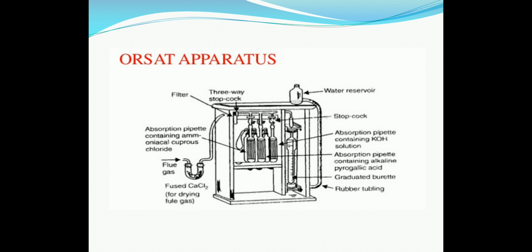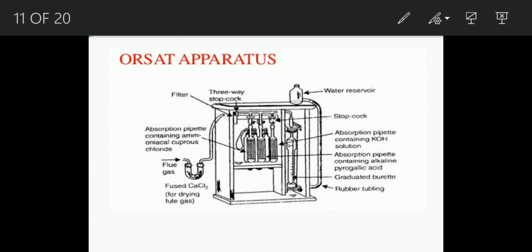Here let us see the Orsat apparatus. In the diagram we can see it is an assemblage of many parts. Here you can see the water reservoir, and here is a gas burette, and these two are connected with a long rubber tubing.